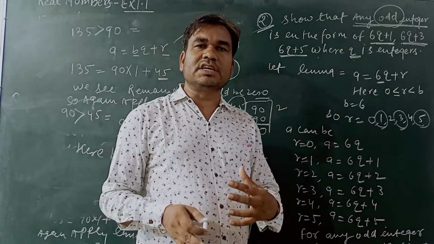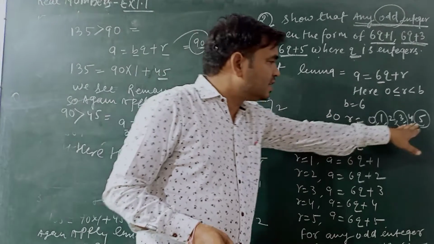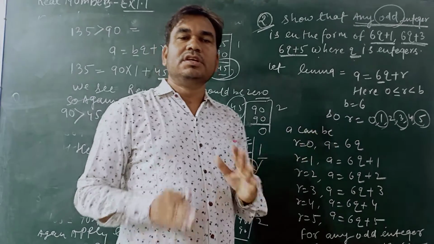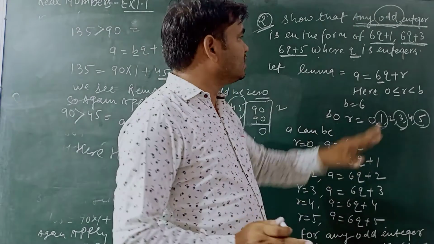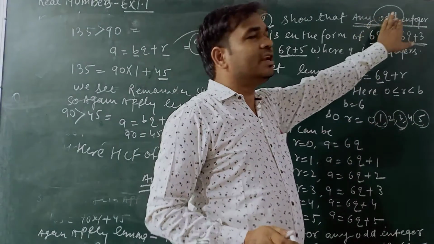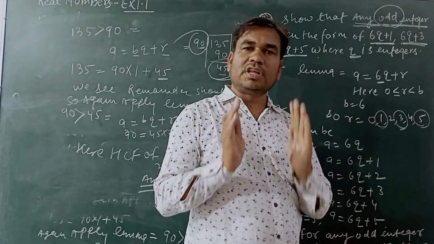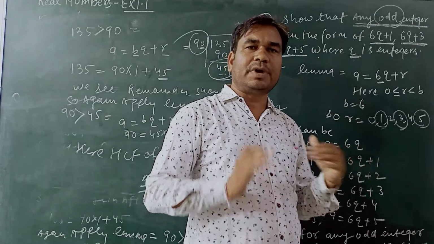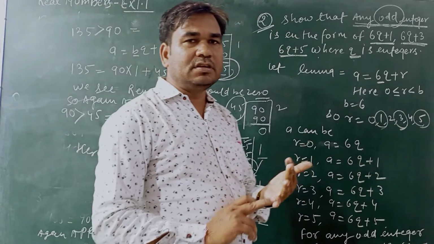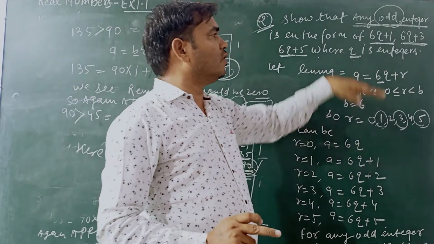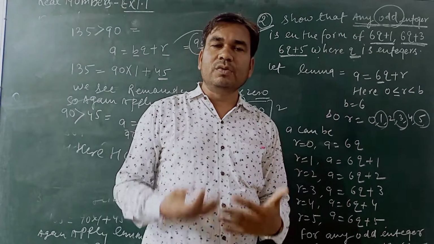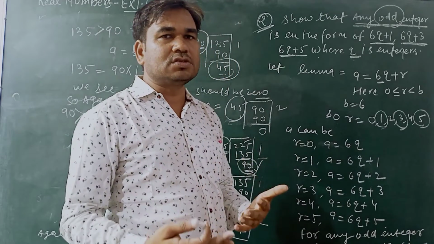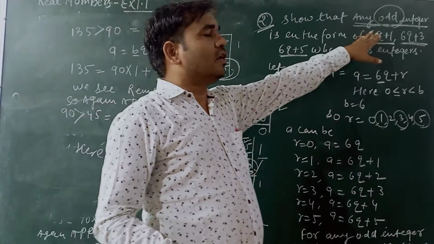Here we discuss all the satisfied numbers because sometimes the question is given for even integers also. So both are satisfied here, but when you are asked for even, you put the even values, and when you are asked for odd, you use the odd values.